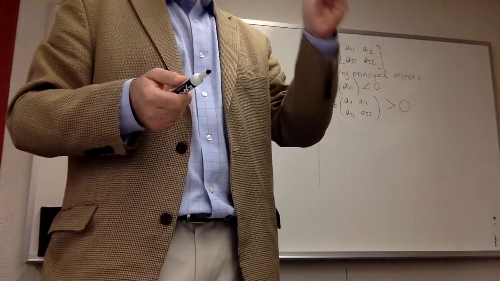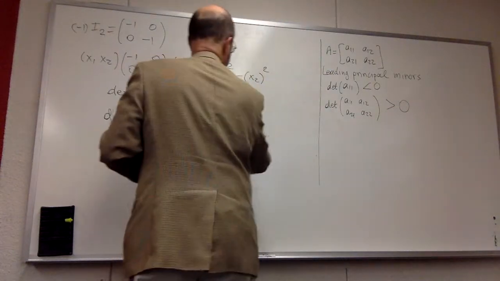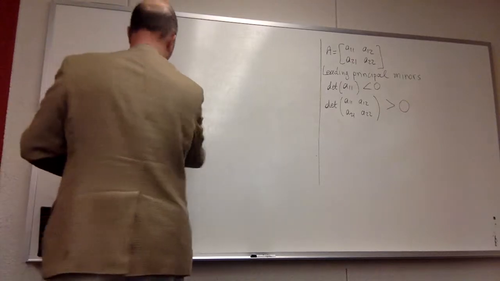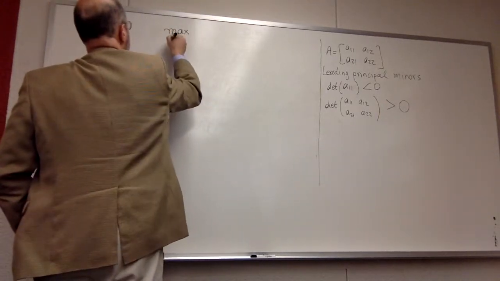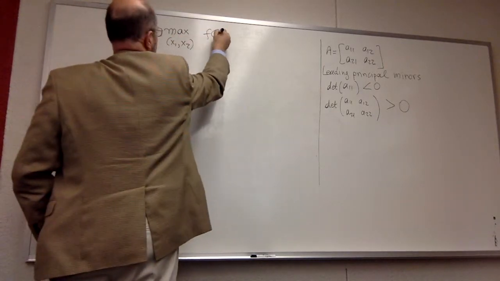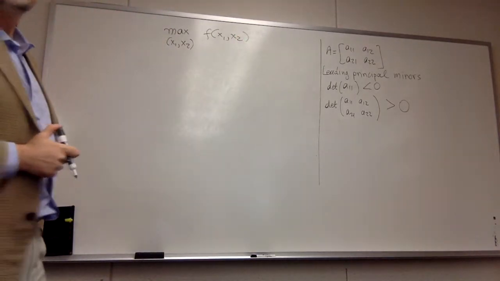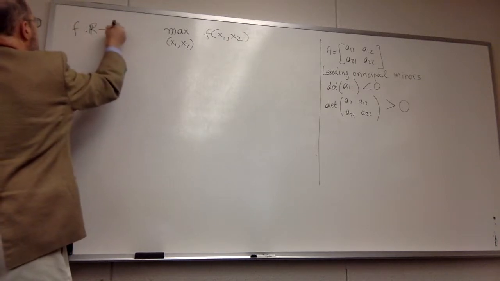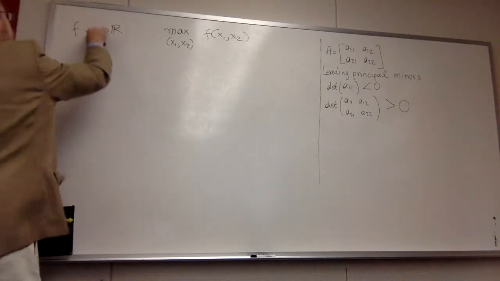And you found that the first order partial derivatives were 0. So let me write it down. Maximize by choice of x1 and x2, some expression like this, where f is defined on an open set. Actually, I should put it here.